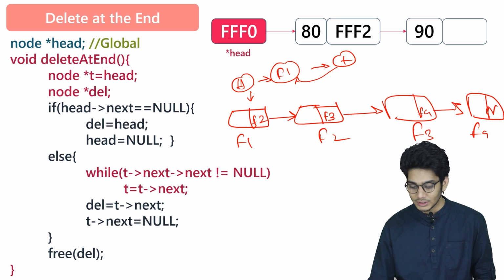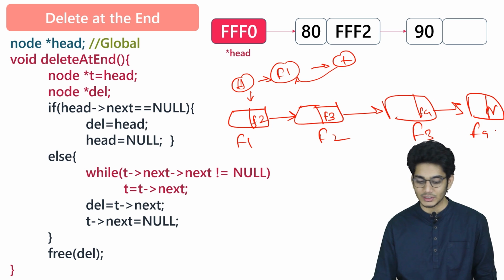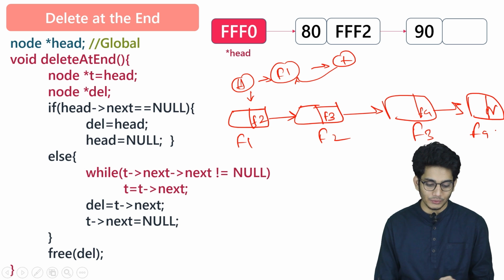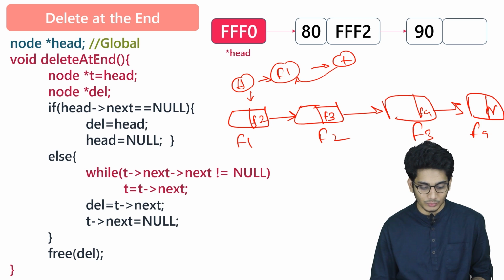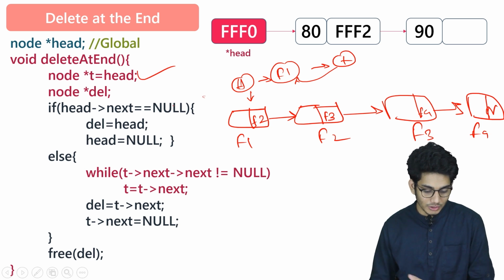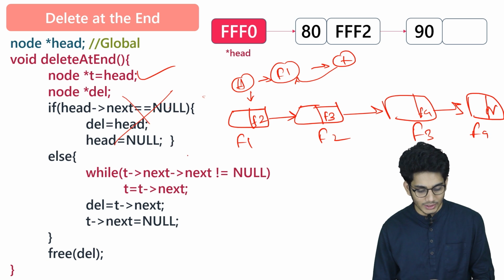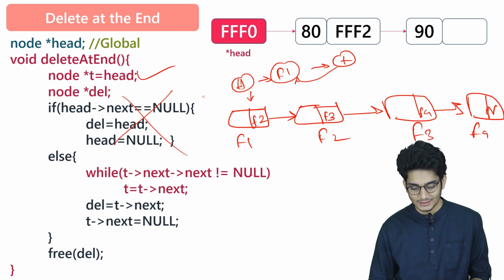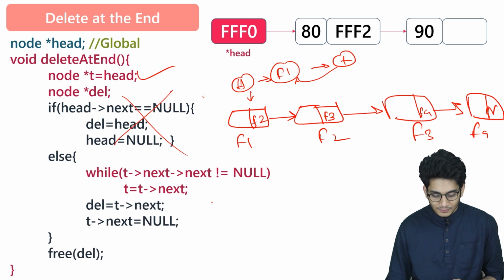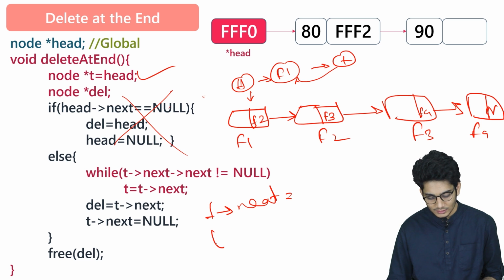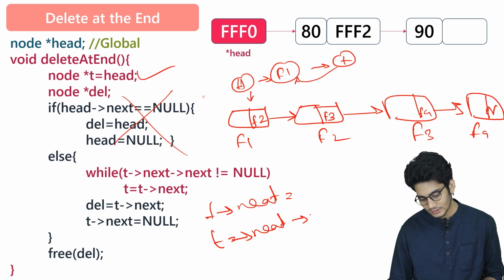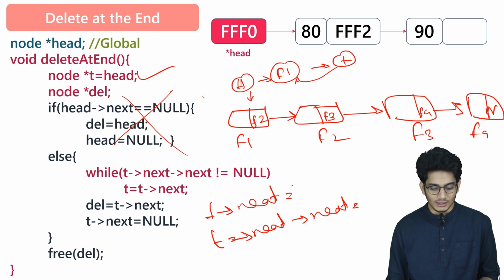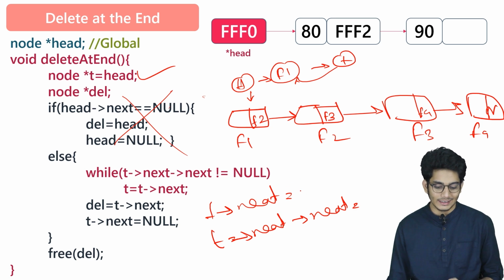Now we have to deallocate this memory, right? So for that, we'll take t as head. So head next is not equal to null, so this portion won't run. Then we'll come here to t next. We'll see what the value of t next is.